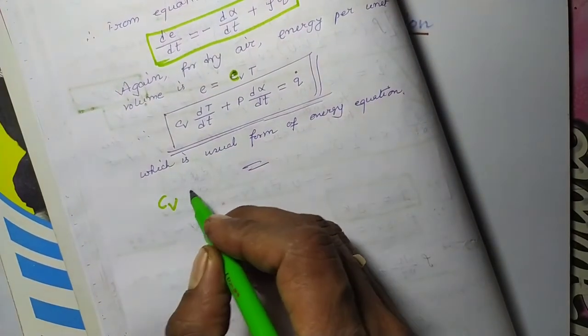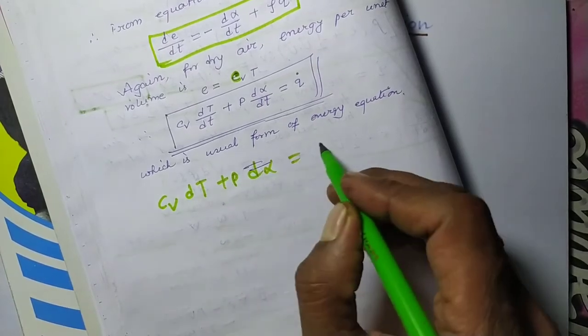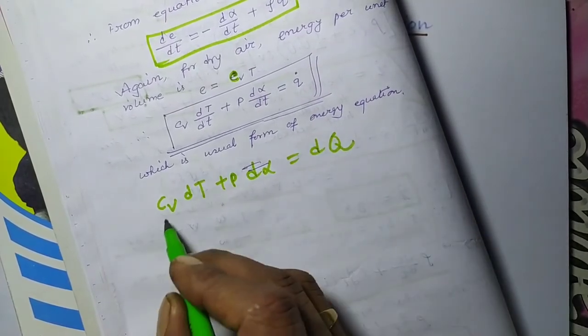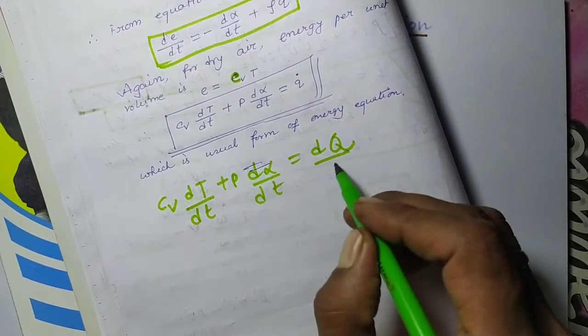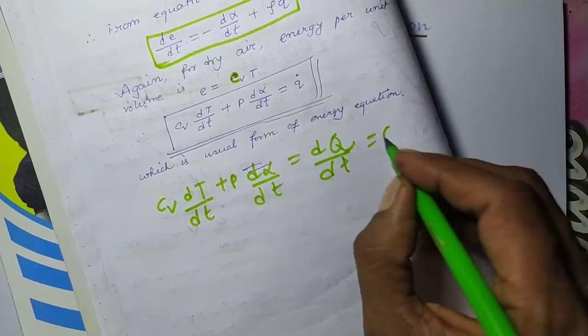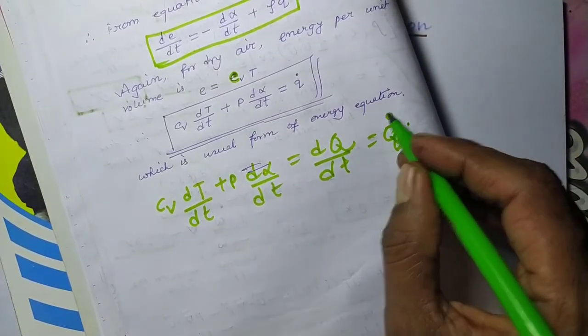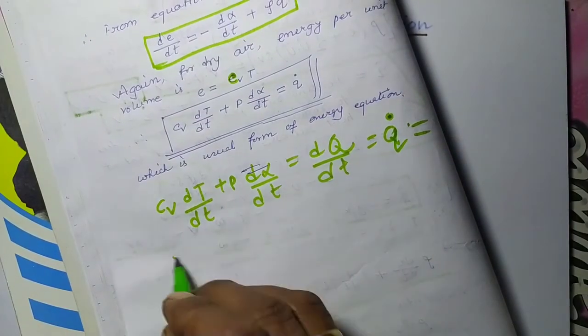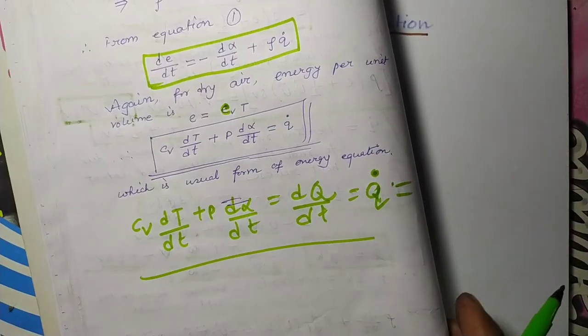You may have seen it like this: C_V dT plus P d alpha equals dq, or small q dot we can write. So this is the usual form of the energy equation.